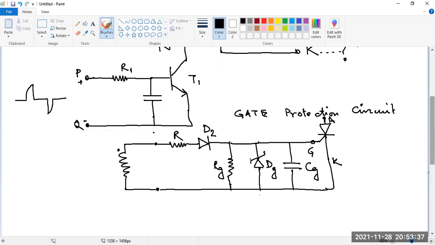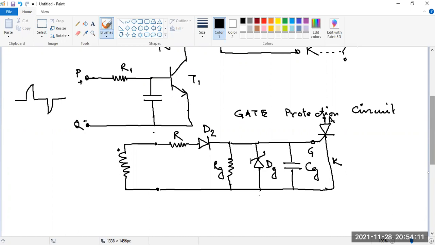So can you remember what is a Snubber circuit and what are the components of the Snubber circuit, which is used for the protection of this, or to make the switching faster? What are the components? Resistance and capacitor.